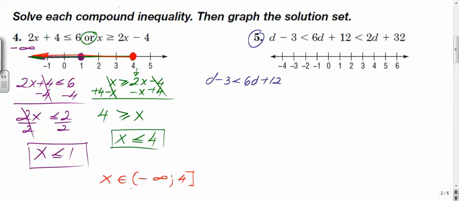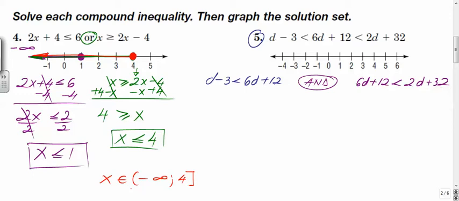The other one is going to be 6d plus 12 less than 2d plus 32. And what do we have in here? Is this a disjunction or a conjunction? It's going to be a conjunction, right? It will be and. Okay, so I'm looking for a number d that will satisfy both of these relations.